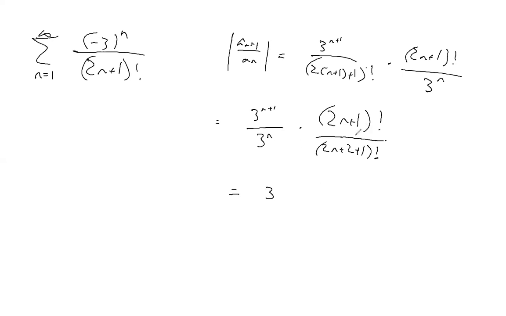And then (2n plus 1) factorial, let's leave that like it is. And then 2n plus 2 plus 1, that's (2n plus 3) factorial. If you're unclear what to do next, maybe look at my video about simplifying factorials. Okay, let's go to a new page.